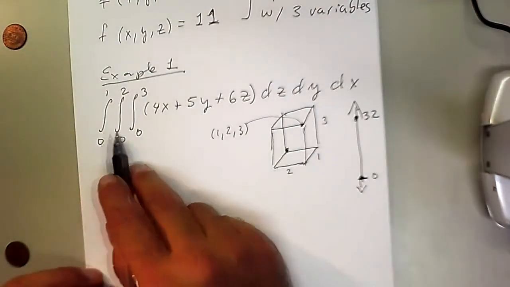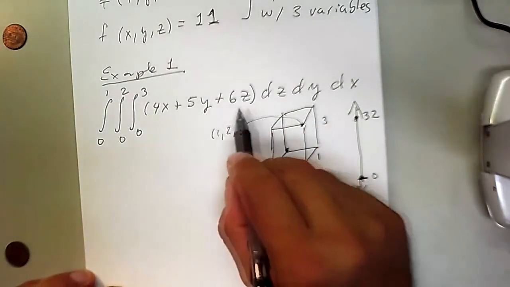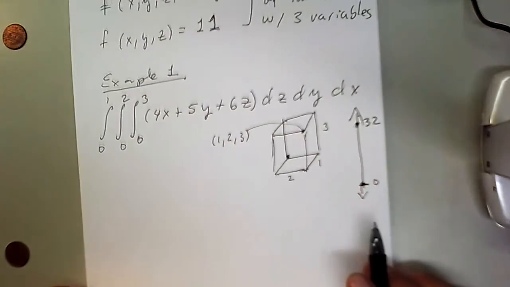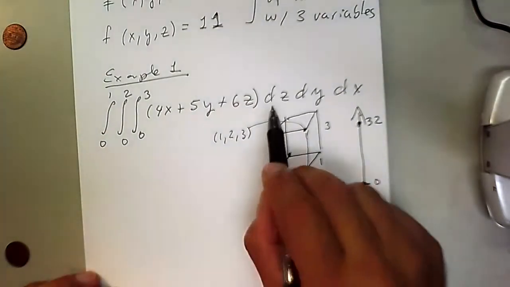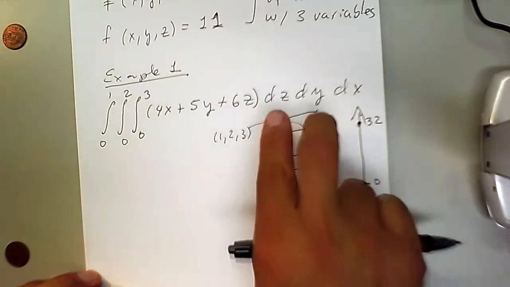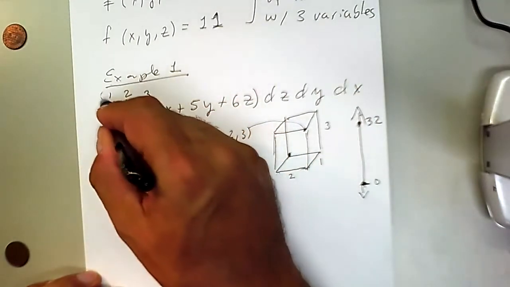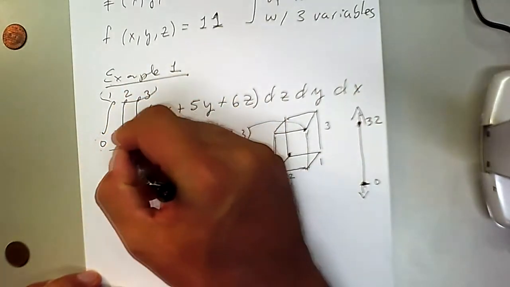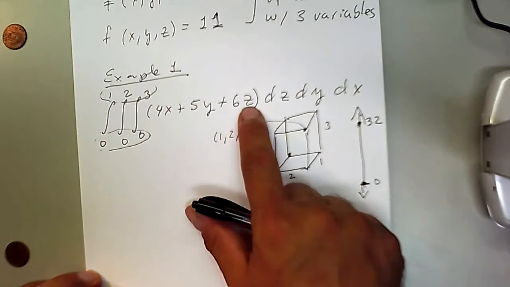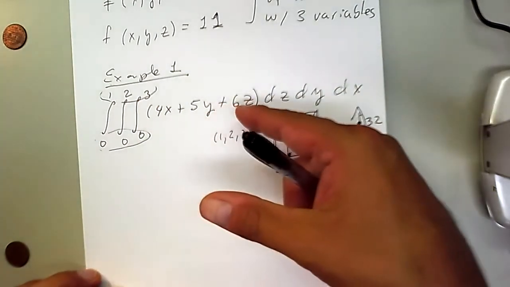So how do we go about computing this? These are iterated integrals, so we're going to integrate with respect to z first. If you change the order, because we have fixed numbers up here and fixed numbers there, that is not a problem. However, the process will be different.